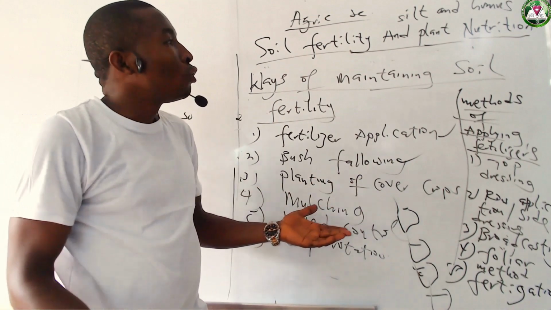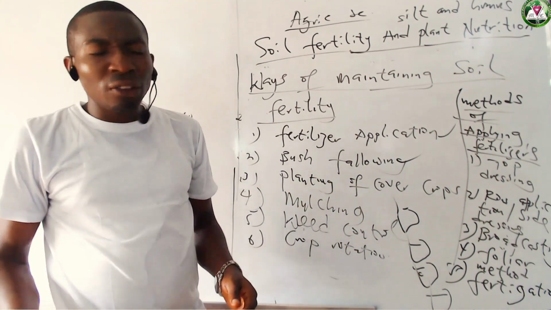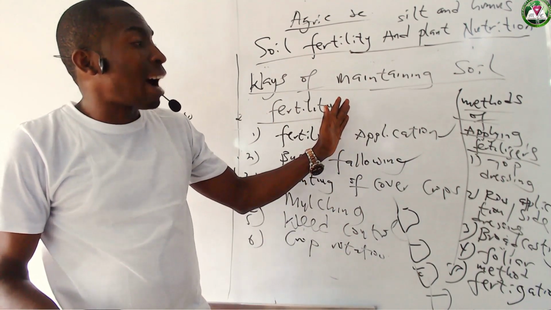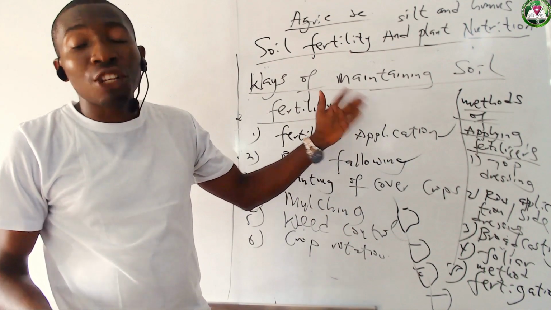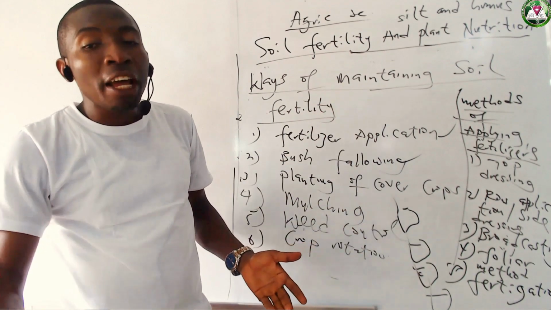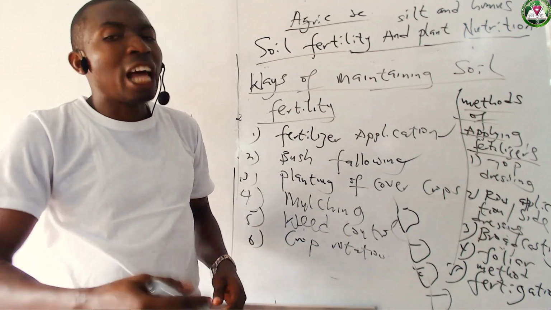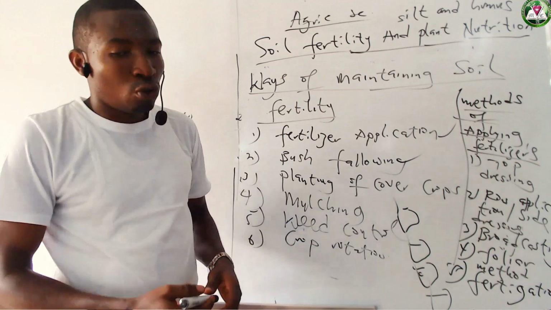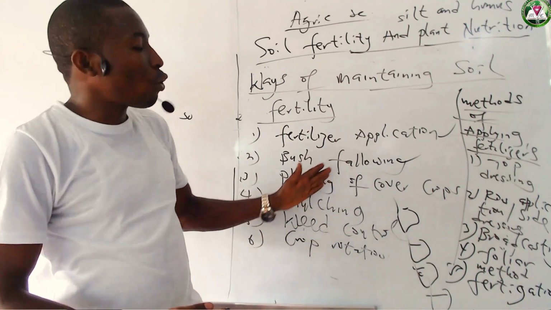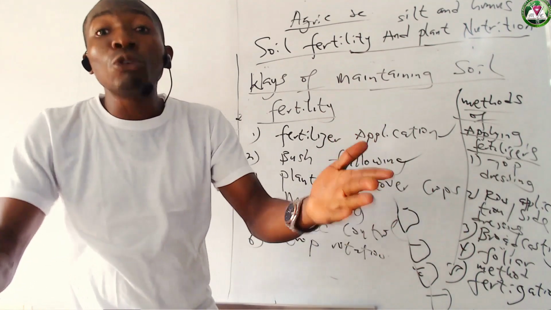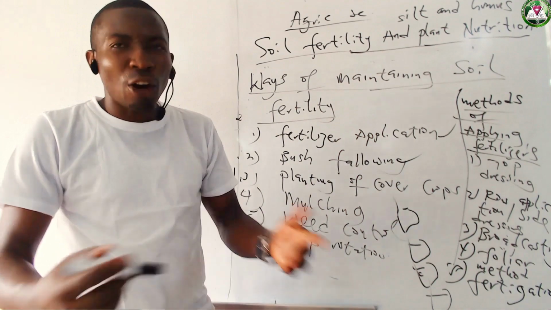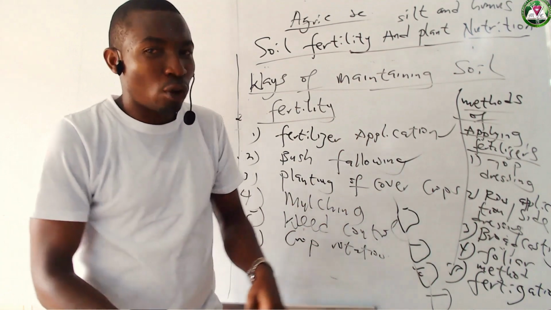Examples include your watermelon, your Arachis hypogaea, that is your groundnut, your Centrosema pubescens, your Calopogonium mucunoides, your Lycopersicon esculentum, and so on and so forth. These are some of the cover crops that are planted. Your Mucuna utilis. These are crops that fix nitrogen in the soil.